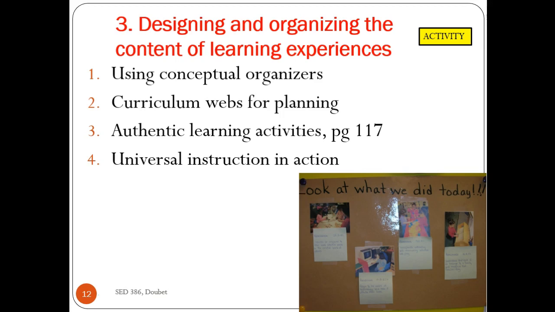Great. On 117, you will see 2 paragraphs. One of them is an appropriate example of an authentic learning activity, and one of them is a contrast. It's not authentic at all. What I want you to do here is think about these examples and what is written here in your chapter, and I want you to come up with 2 examples on your own.